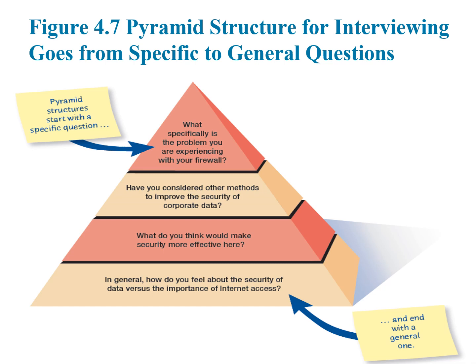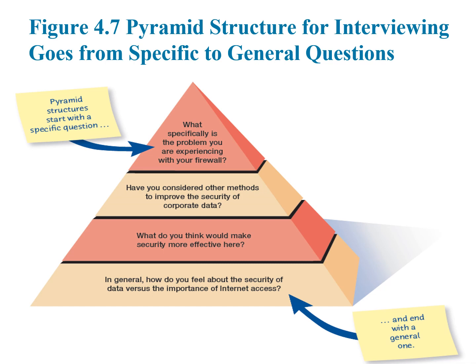Okay, so this figure is showing how we start. The pyramid structure starts with specific questions, which are closed questions. For example, what specifically is the problem you are experiencing with your firewall? That is very specific, and you can see the end questions are kind of general questions.